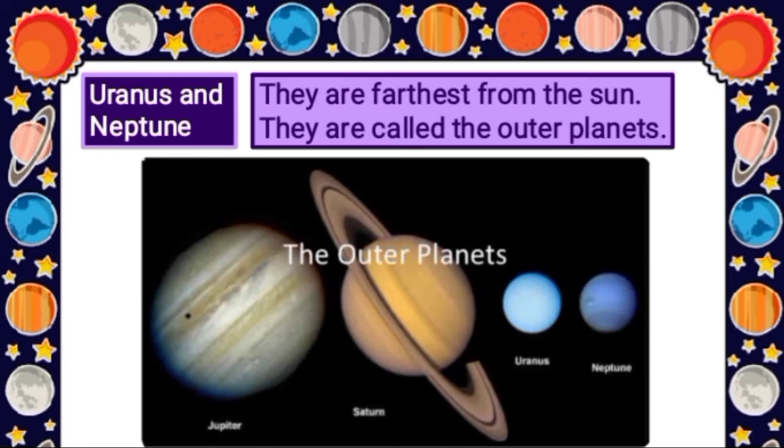And out of 8 planets, Mercury, Venus, Mars and Earth are inner planets, and Jupiter, Saturn, Uranus and Neptune are outer planets.